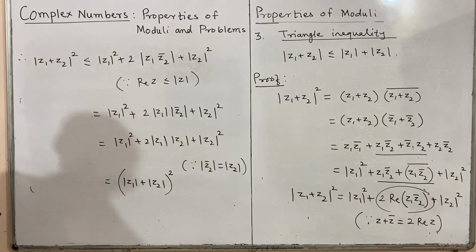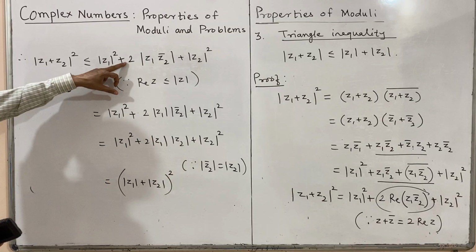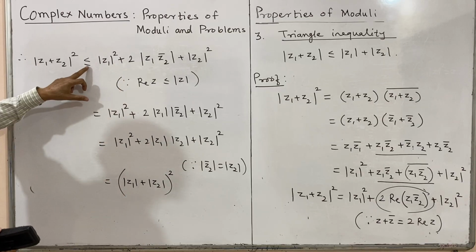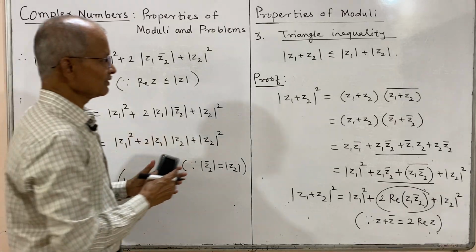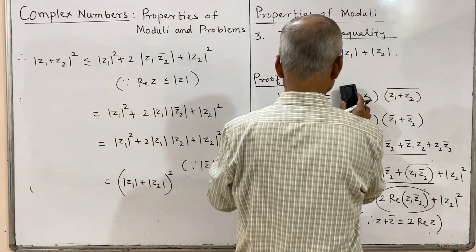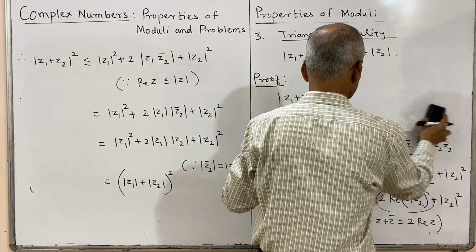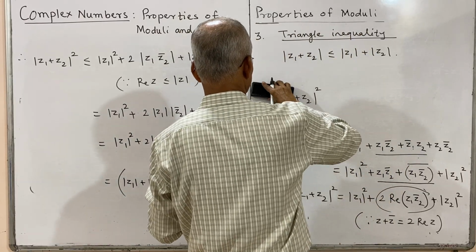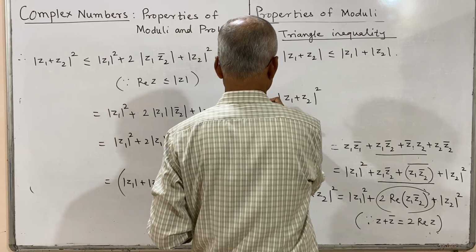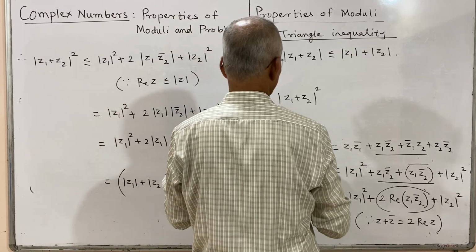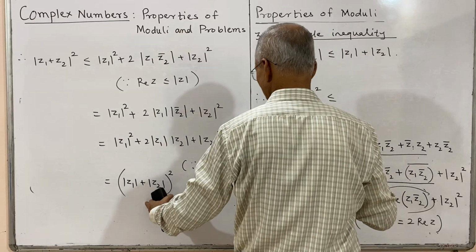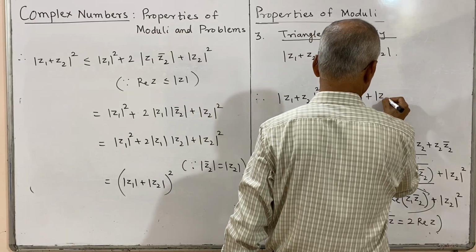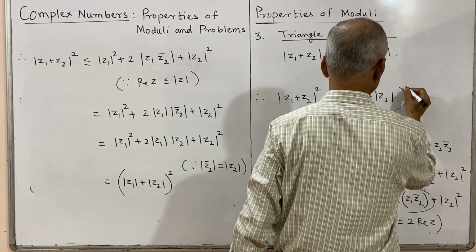But what is the relation between the left expression and the right? Mod z1 plus z2 square is less than or equal to mod z1 plus mod z2 whole square.